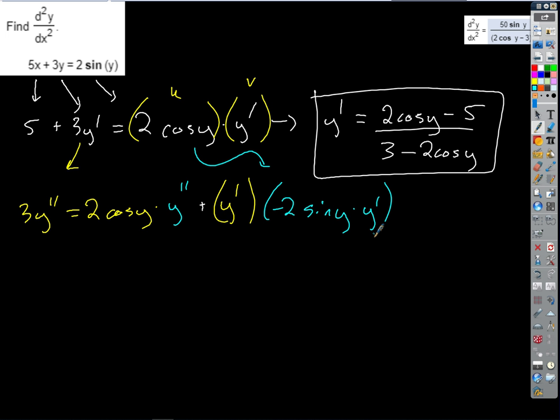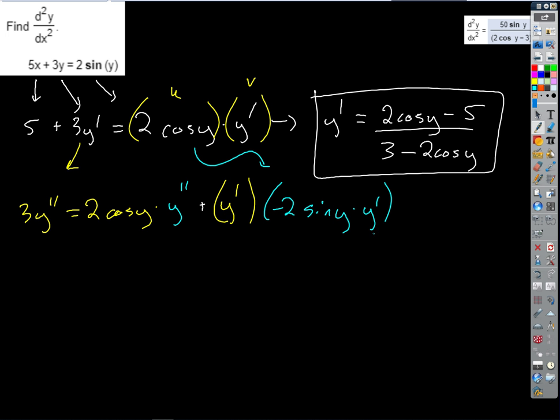And now I would just have to collect the y double prime terms on one side, collect the other terms on the other side, and eventually plug in y prime.